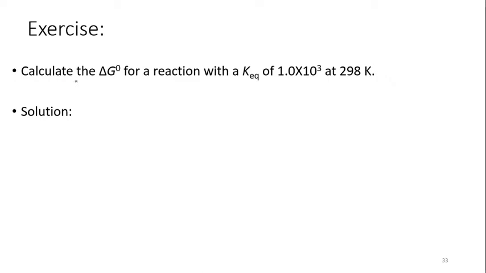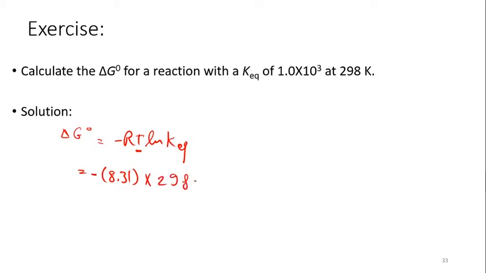Now let's look at this exercise. Calculate the Gibbs free energy for a reaction with a K equilibrium of 1 multiplied by 10 to the power 3 at 298 Kelvin. So the Gibbs free energy is equal to minus RT ln K equilibrium. This means minus R, which in that case is 8.31, multiplied by T, which is 298, multiplied by the ln of 1 multiplied by 10 to the power 3.